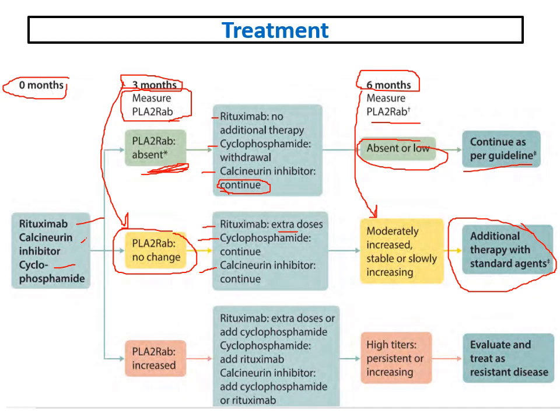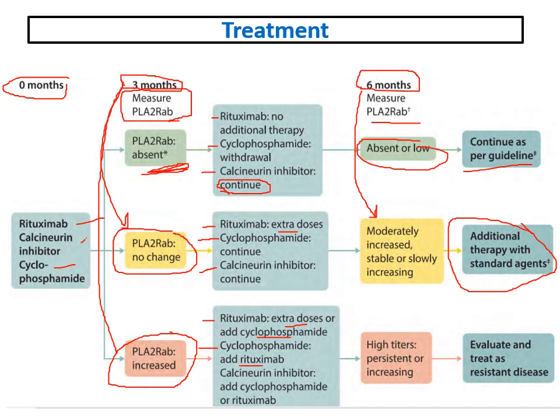The third option is that after 3 months I found that the assay is increased. If we are using rituximab from the start, I can give extra doses or add cyclophosphamide. But if I am using cyclophosphamide from the start, I can add rituximab.